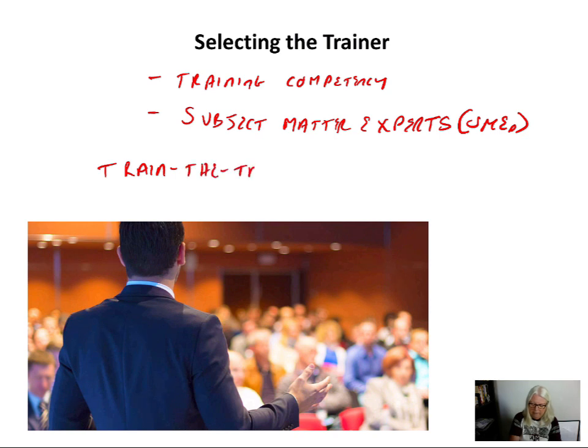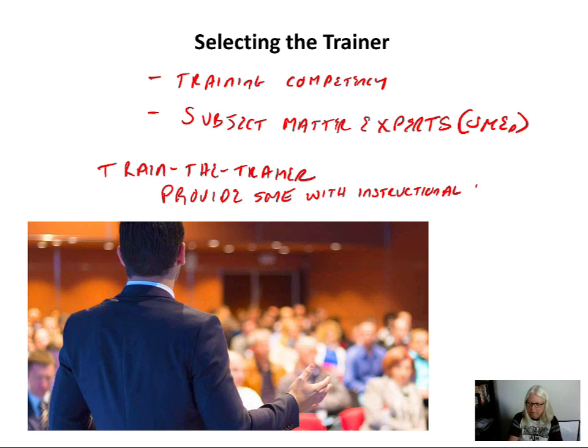Sounds kind of funny. Train the trainer training, in which we provide the SME with the necessary instructional knowledge and skills to be able to implement the program. Okay, so we teach somebody with a lot of expertise in a subject how to actually teach. We teach them the instructional knowledge and skills.